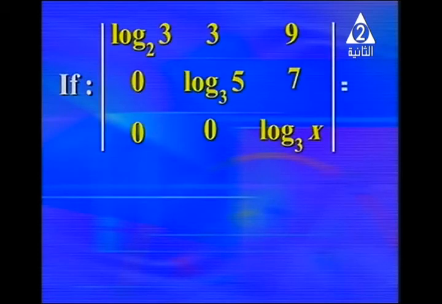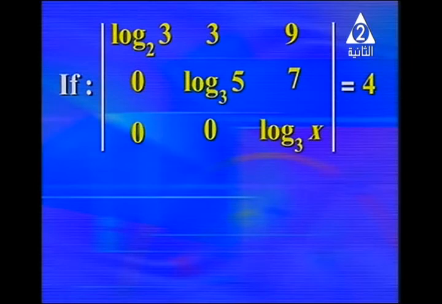Look at the determinant: first row log 2 3 3 9, second row 0 log 3 5 7, third row 0 0 log 3 x. It equals what? 4. Why?